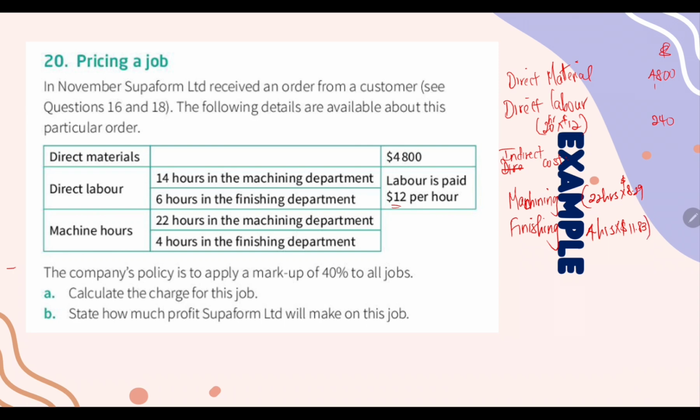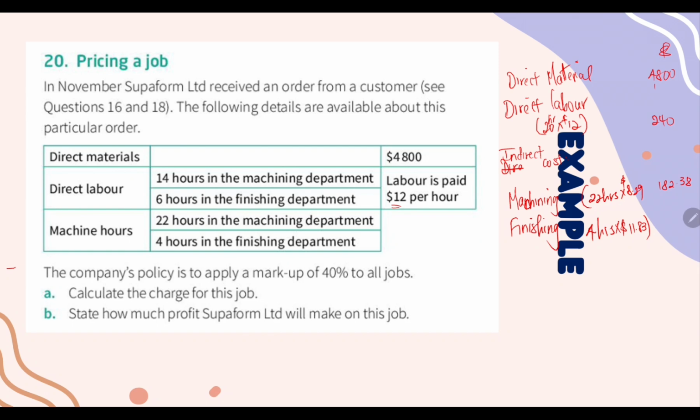So let's calculate quickly. 22 times $8.29 is $182.38. So I use the rounded figures, right?